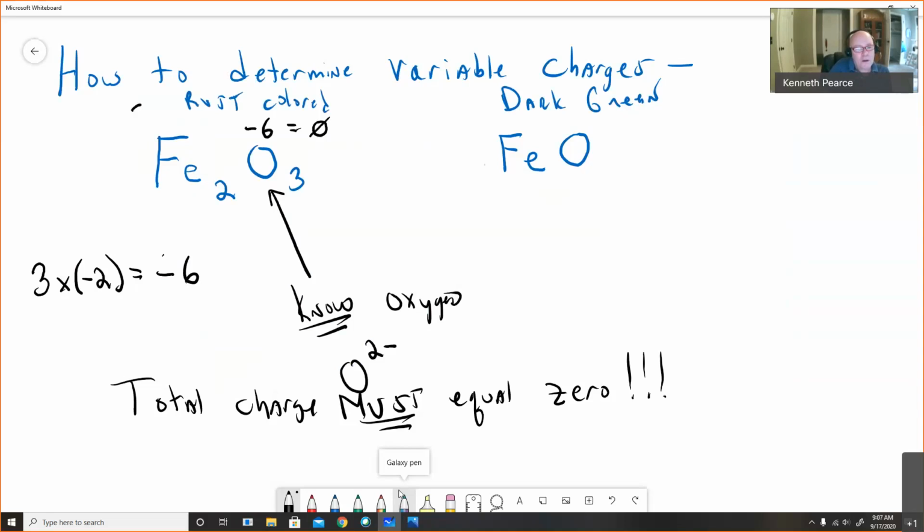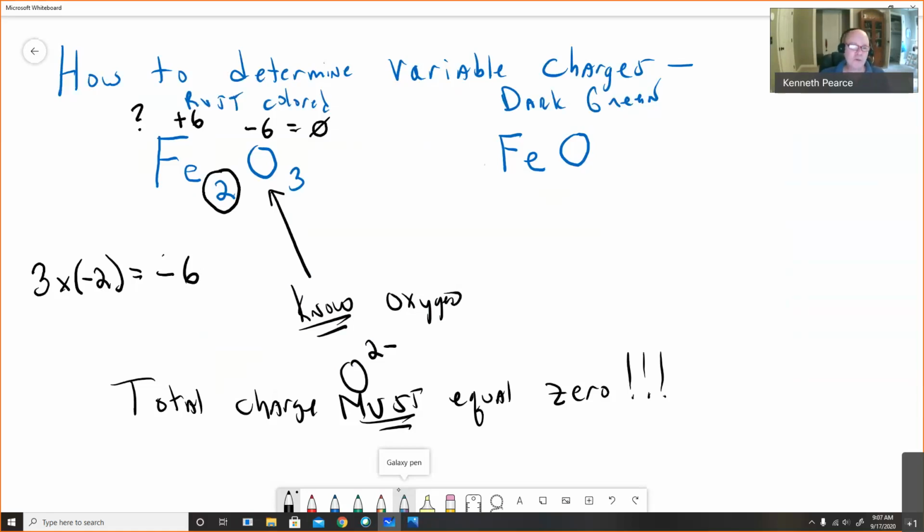So what do you have to have for the irons? Well, the only thing that's going to give you 0 is plus 6, because 6 minus 6 is 0. But look here. You have 2 irons. So what does each iron have to be to add up to 6?